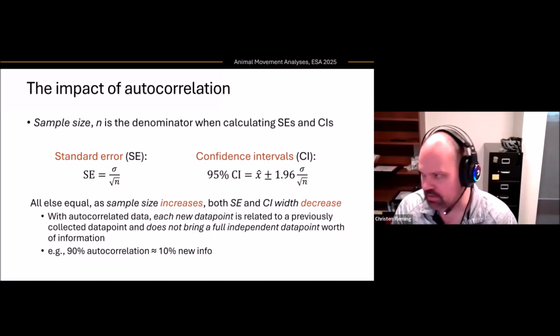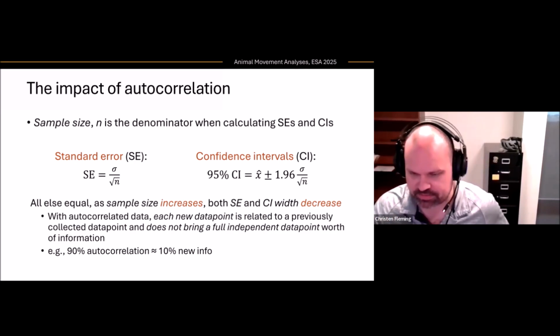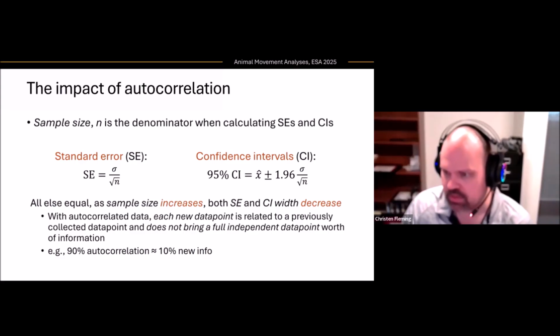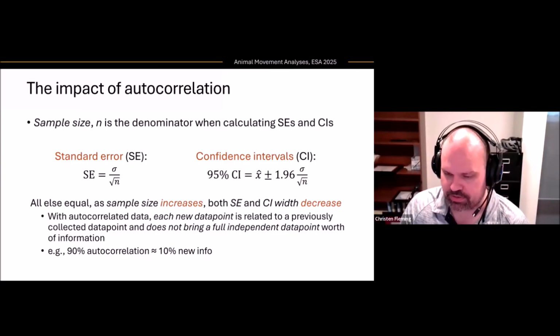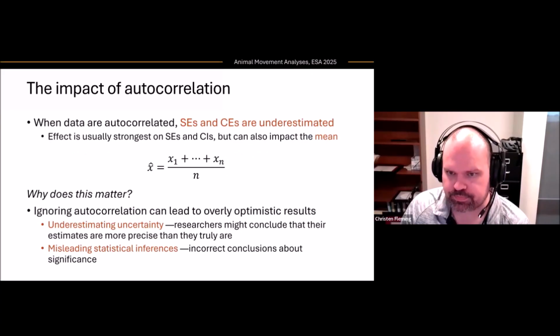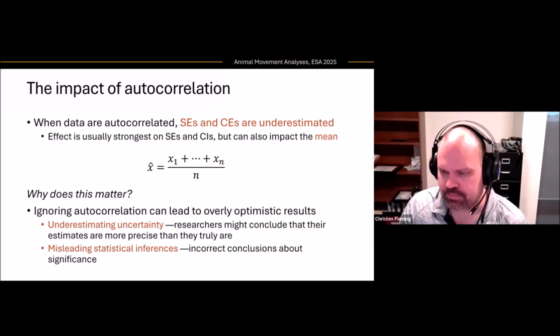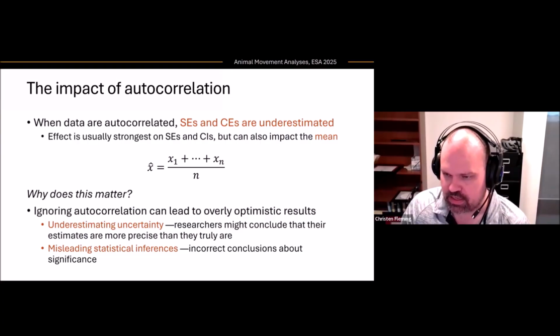autocorrelation. And I'm saying this statement is specific to movement ecology, where you would only see positive autocorrelations. There are other kinds of autocorrelations that you would never see in spatial or movement ecology, where you're talking about a continuous process. Okay. So if you ignore the autocorrelation, then your standard errors and your confidence interval widths are underestimated.